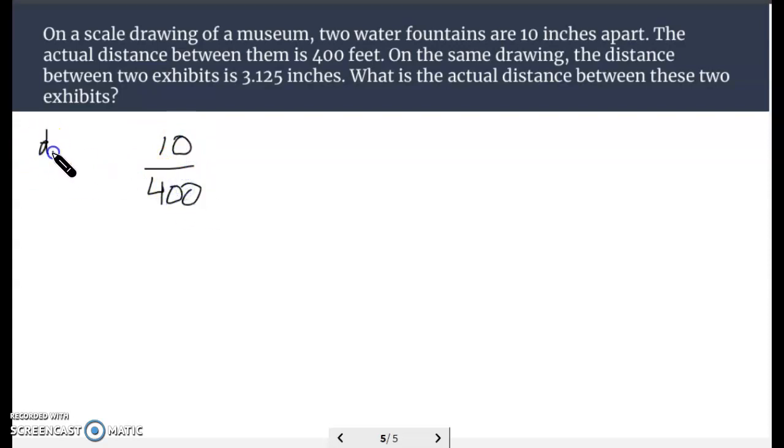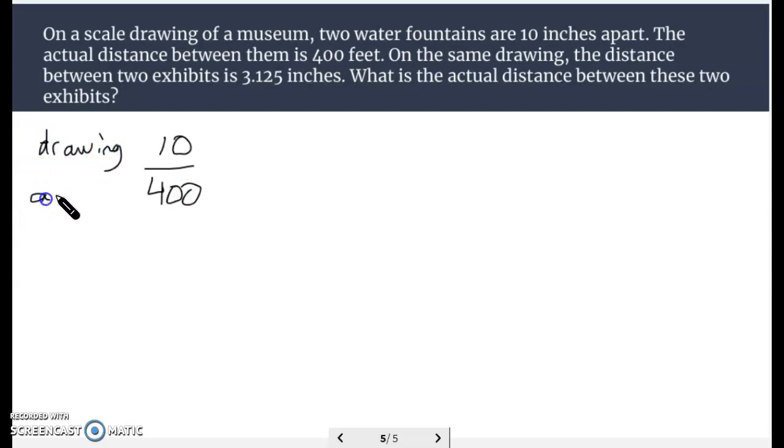The top number is the model or the drawing, and the bottom is the actual. Then on the drawing, the 2 exhibits go in the top, 3.125. We're going to put x to figure out the actual distance between those 2 exhibits.